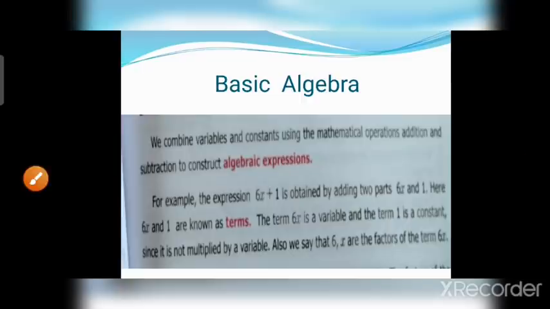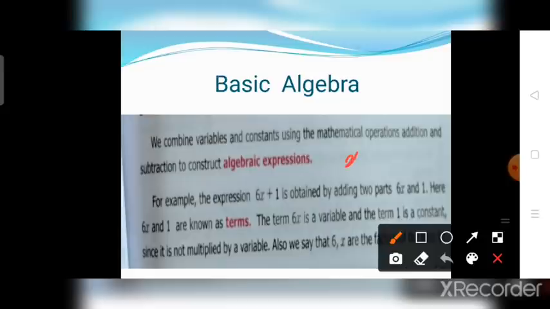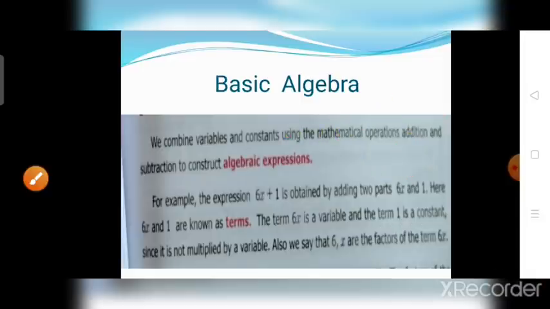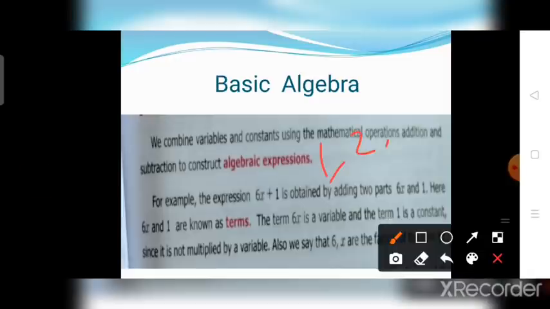For example, variable means x, y, z, any letters A, B, C, all the alphabetic letters mean variables.